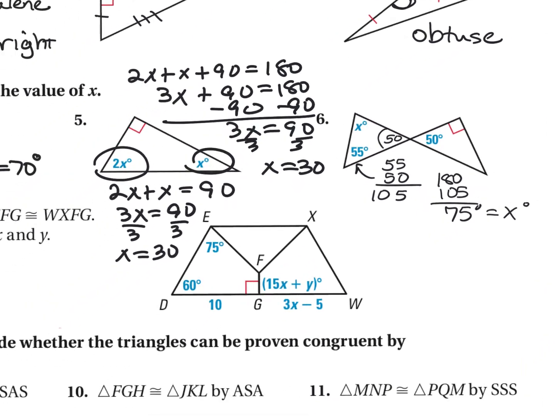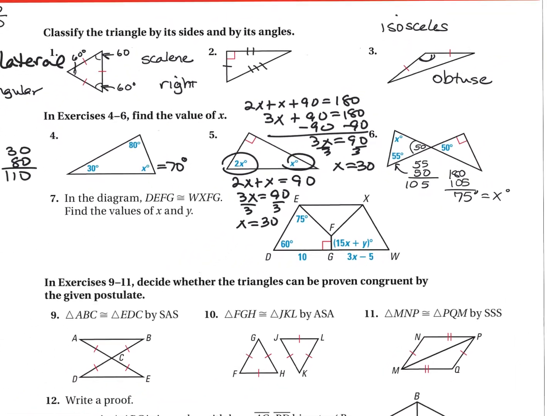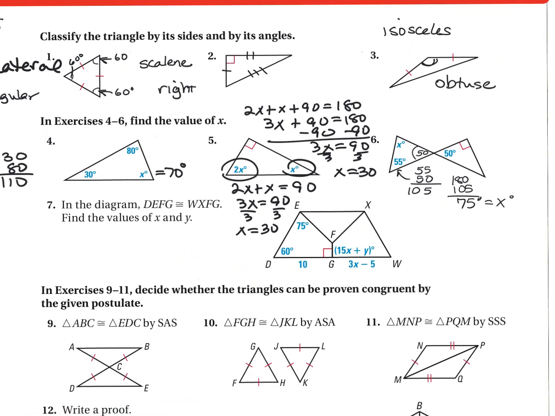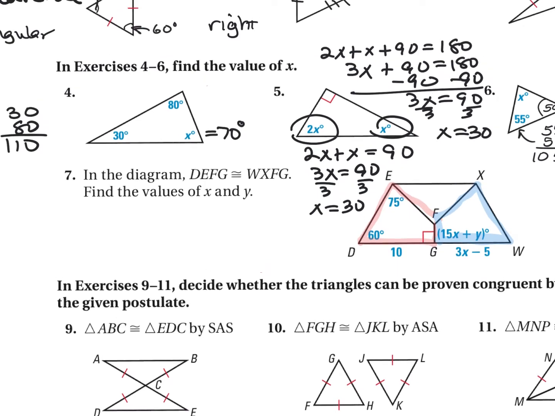Now, the next one, this is where we learned about congruent polygons. So we actually have a congruent quadrilateral here. DEFG is congruent to WXFG. I'm going to use my congruency statement so I know what sides to match.